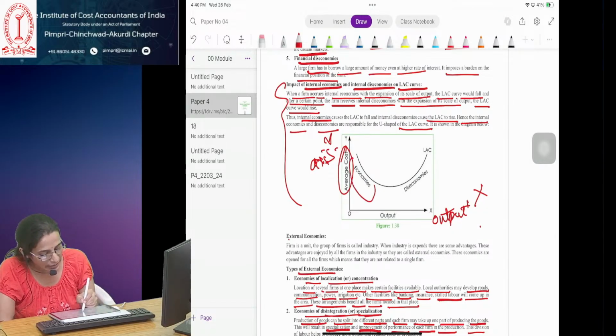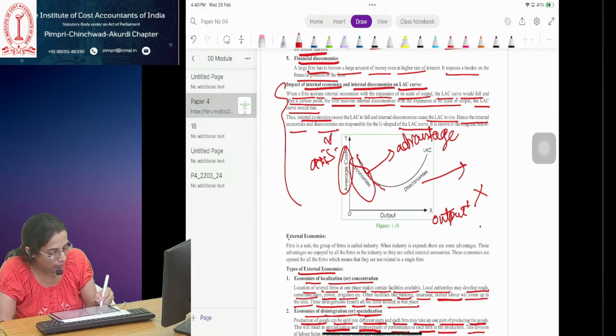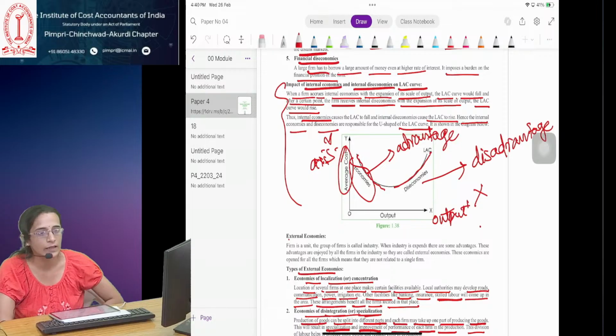If we get an economy, an advantage, the average cost is falling. Clear? And if we get a diseconomy, a disadvantage by increasing the scale of production, the cost is increasing. Clear?